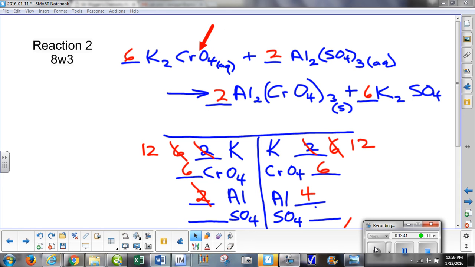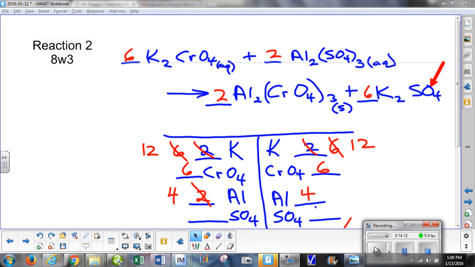I've got 6 chromates here, and over here I have 3 times 2 is 6 chromates. So chromates are good. Aluminums are 2 times 2, which is 4, so this has got to be a 4 now. And the aluminums on the right are 2 times 2, or 4. Sulfates, 3 times 2 is 6.